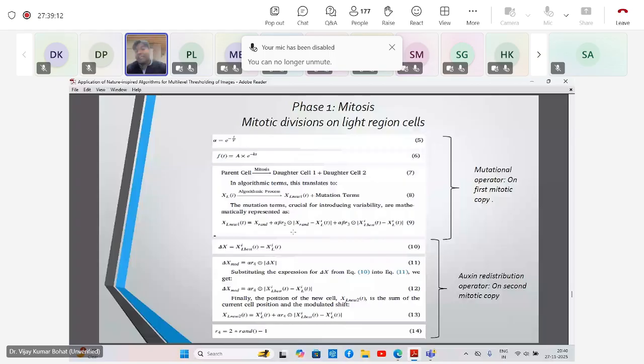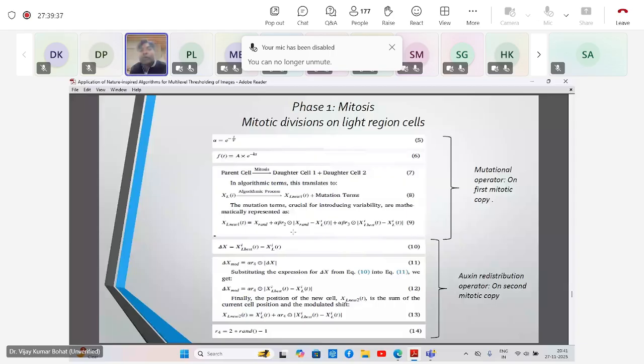So in phase 1 of mitosis, every solution, or every light cell, will generate 2 new cells. There are 10 solutions, and for every solution we will have 2 new solutions, so there will be 30 solutions. All 30 solutions we will store in the ongoing population.